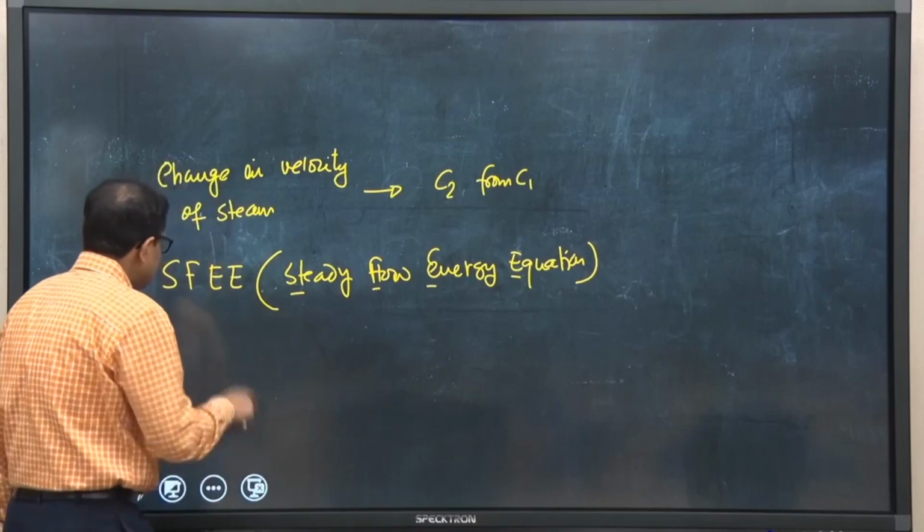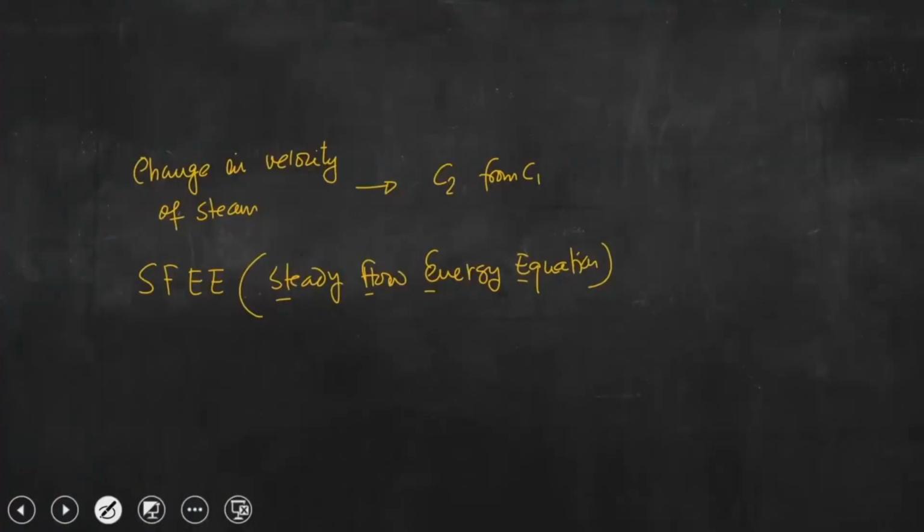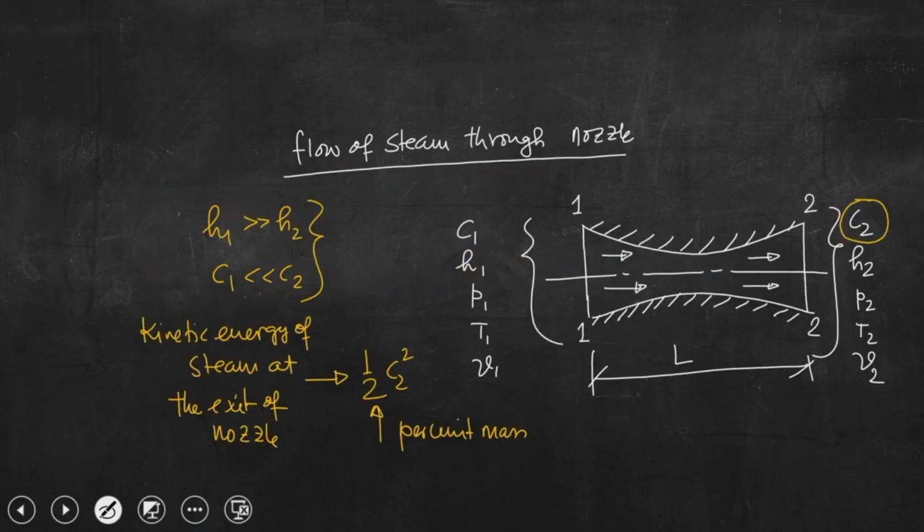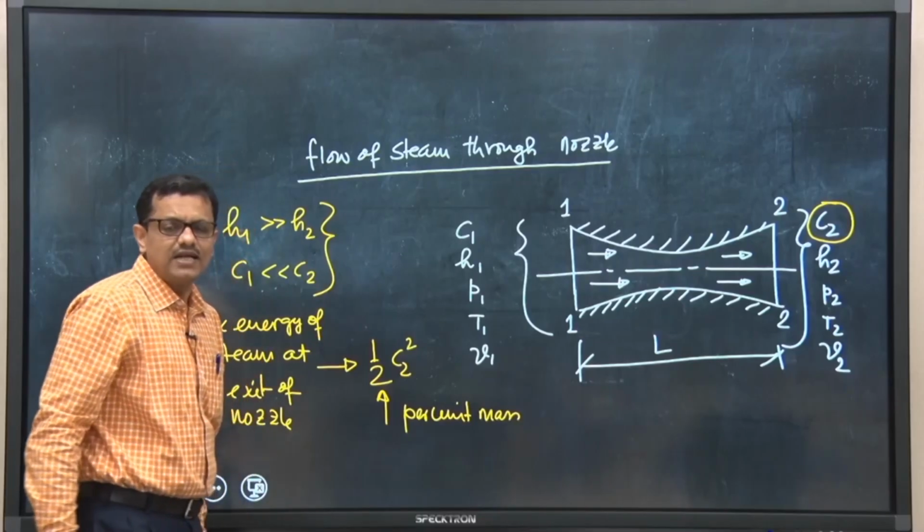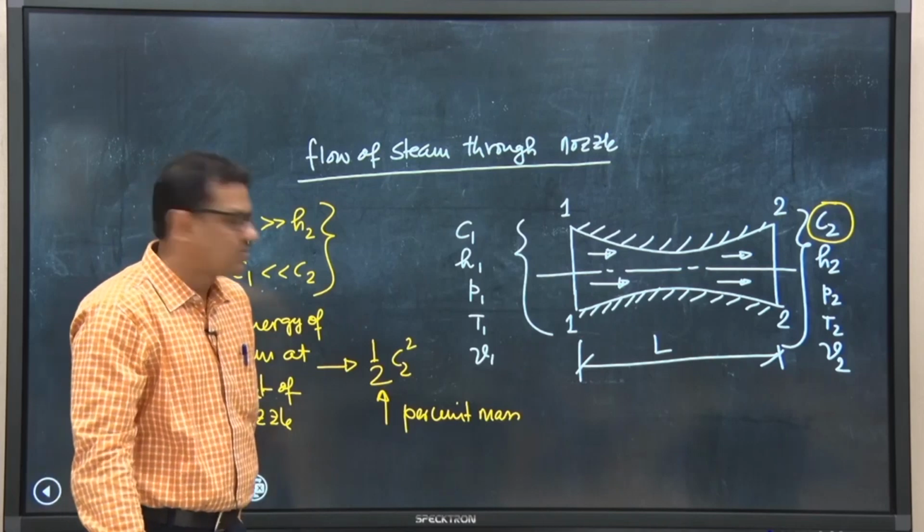Now if we write it and ignore the heat and work interaction, because we have already discussed in the previous slide that there is no heat interaction. Work is essential, because to maintain the flow in the presence of pressure we need to provide work, but that work is already taken into account in the enthalpy that you have studied in the thermodynamics course.